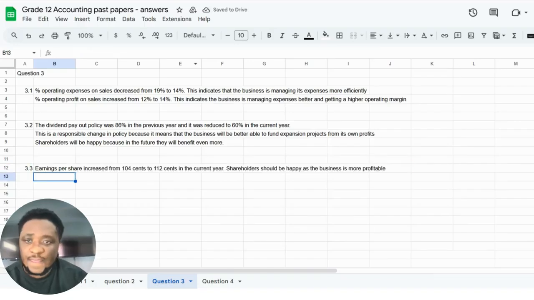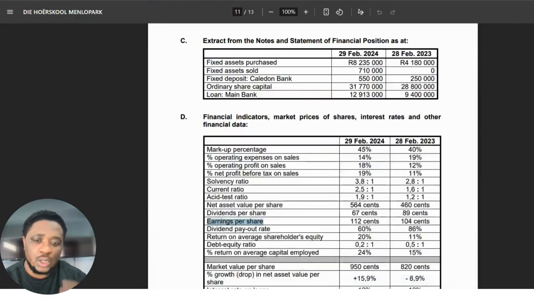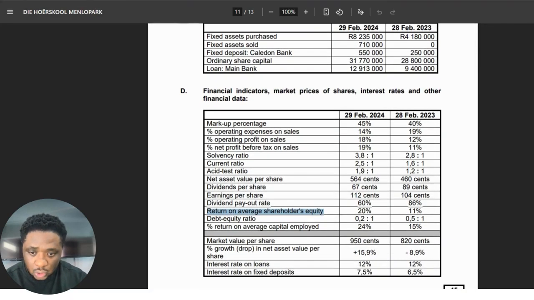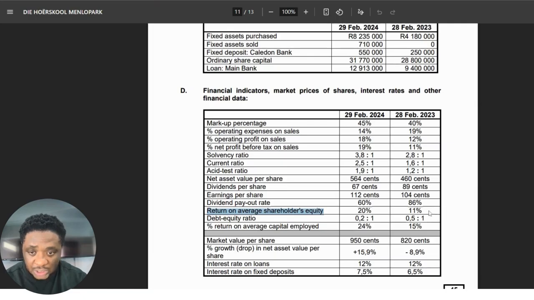All right, and then we move into the next thing, which is we also needed to comment on the return on shareholders' equity. Now, when we look at the return on shareholders' equity, we also need to look at it in conjunction with the interest on a fixed deposit. So we can see that our return on shareholders' equity, firstly, increased from 11% to 20%. And then we can see that the 20% is much higher than the interest that the shareholders would get in an alternative investment, which would be like a fixed deposit, because that's less risky.